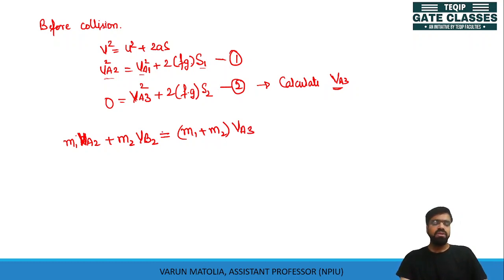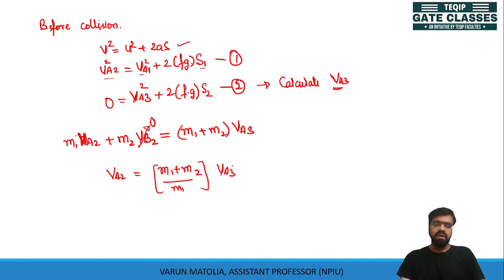Here, if vehicle 2 is stationary, we can write it as 0. If it is not stationary, we can again make use of this momentum equation for vehicle B and write an equation in order to find out VB2. But as we consider this vehicle as stationary, we will write it as 0, and our VA2 will be equal to m1 plus m2 by m1 multiplied by VA3. VA3 we have already calculated from equation 2.